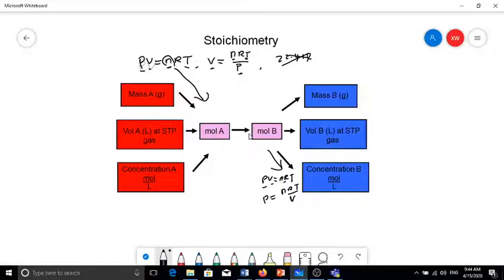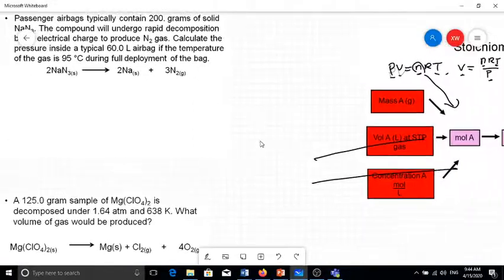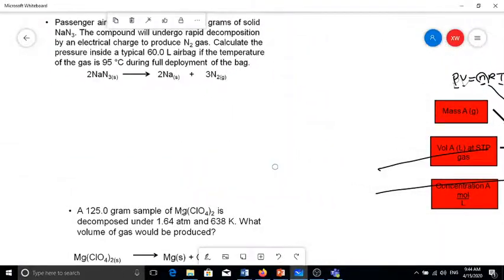Okay, so basically, here are two examples.